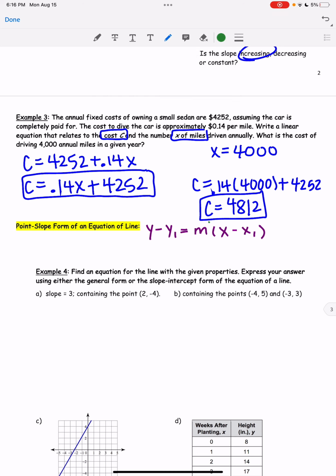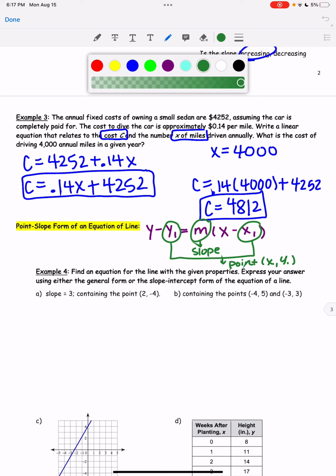So this m still equals my slope, and then x1, y1 is a point x1, y1.